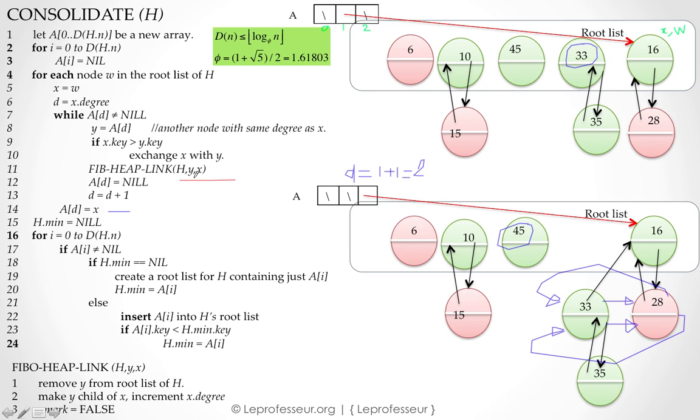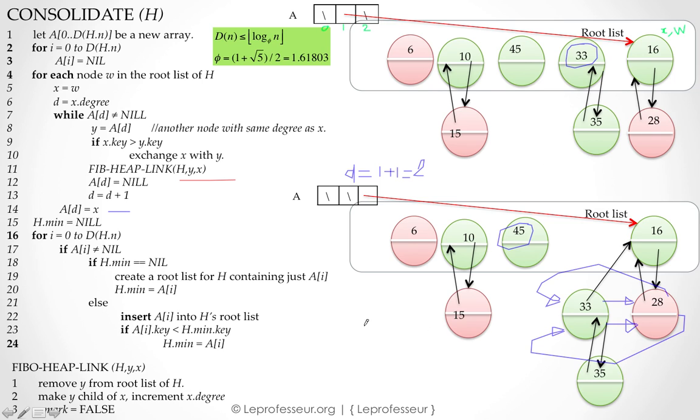It is basically doing the job of what I explained, making 33 a child of 16. It is self-evident from lines 1, 2, 3 that it does the linking procedure for nodes 16 and 33, which have the same degree.